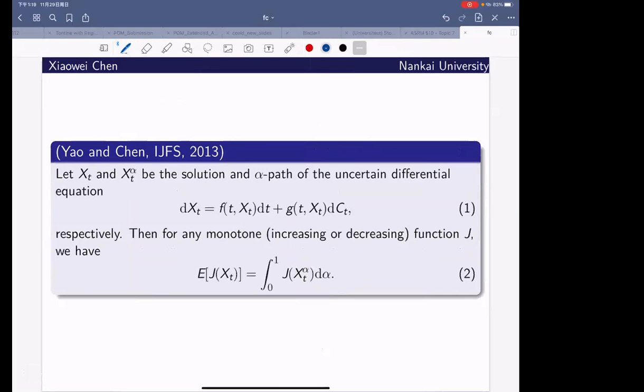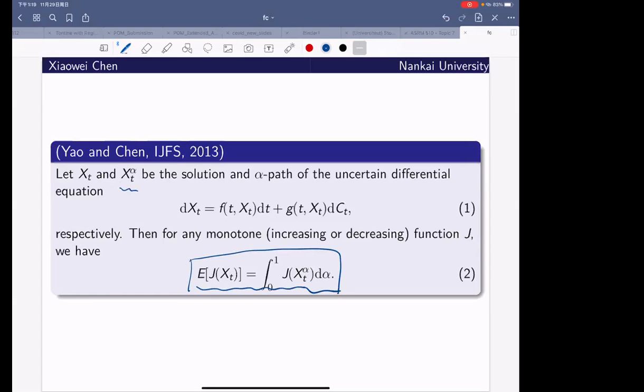We give a theorem: first we give the solution, the alpha path of the uncertain differential equation. And based on the alpha path, we can very easily get the expected value of some function of the solution.